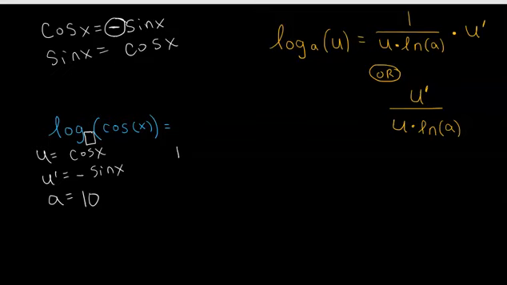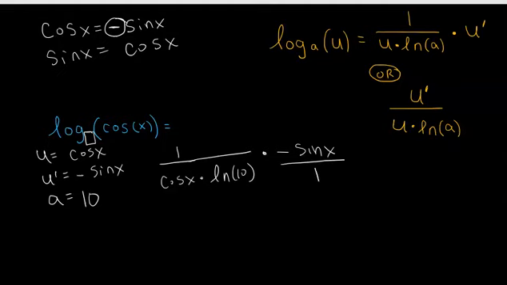Okay, so I have a 1 in the numerator. Then I have cosine x in the denominator, ln 10, times the derivative, which is negative sine x. Let's make it with the invisible 1, and I get negative sine x over cosine x ln 10.